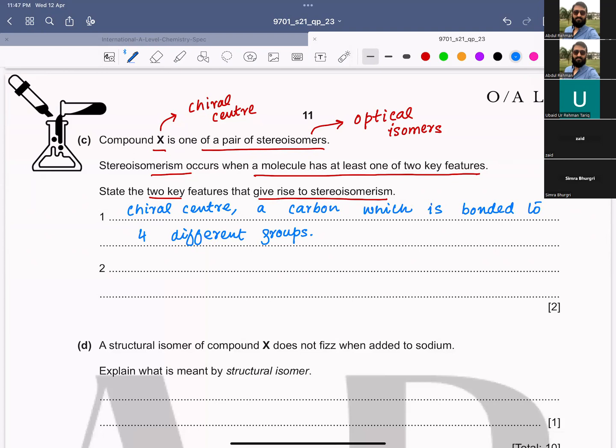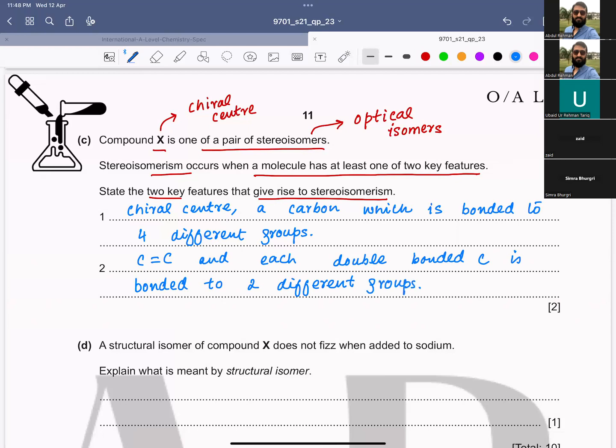So a carbon-carbon double bond, and each double bonded carbon is bonded to two different groups.